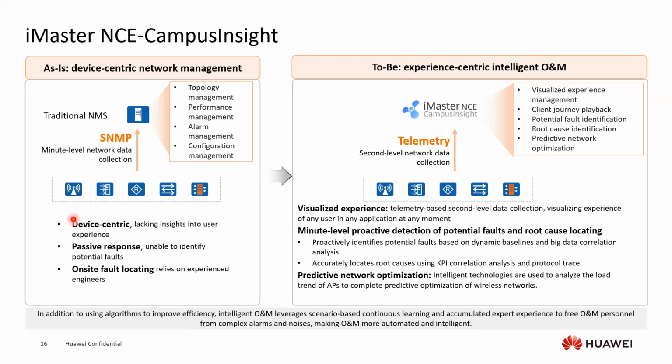For example, if an issue has occurred, it will be reported through SNMP, and generally all this is after a 3, 5, or even sometimes 10 minute delay. So once an issue has occurred, only then can the traditional NMS generate an alarm on the network. And again, it's more device-centric.